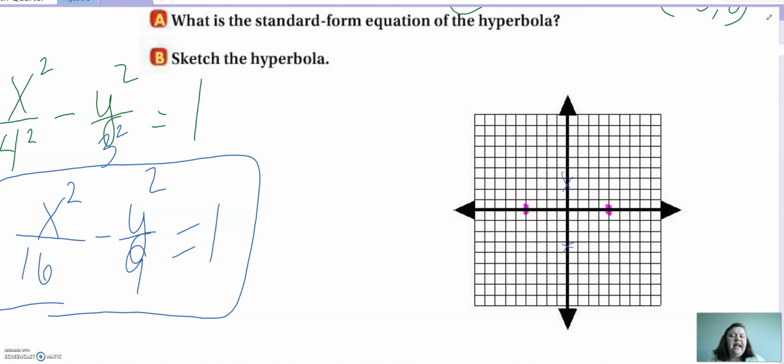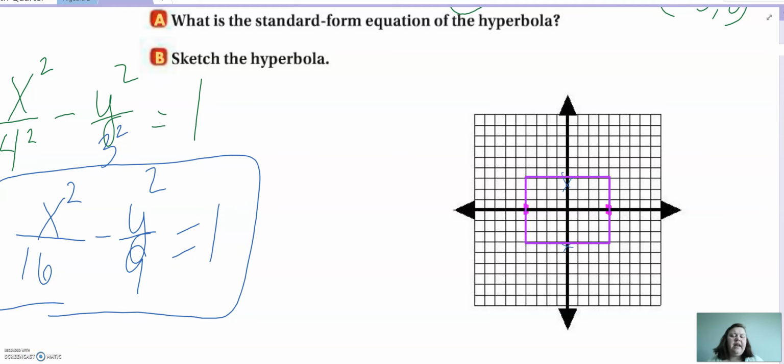Once I have the x's drawn, I'm going to use these 4 points to create a box. Now the box or the rectangle I'm creating is not going to have vertices at these 4 points. Instead, those points are going to be the mid value of each side of the box or rectangle. So let's go ahead and draw in those lines.